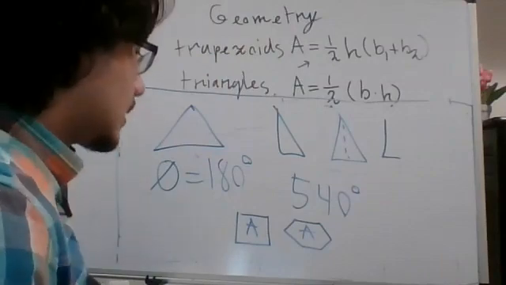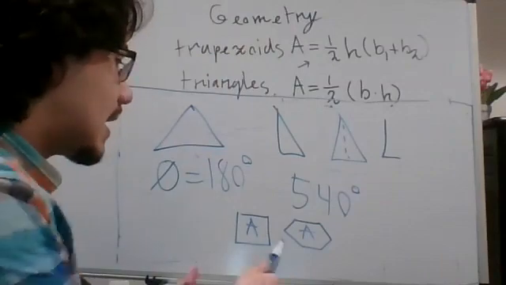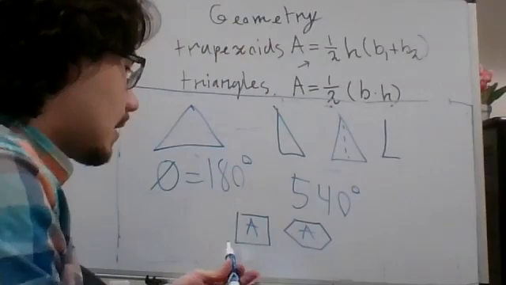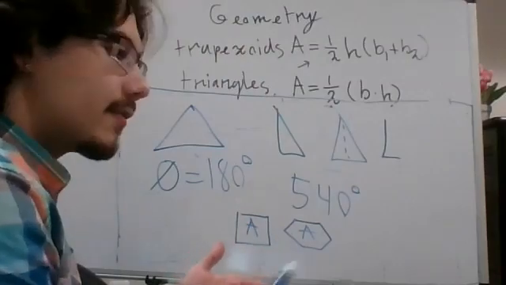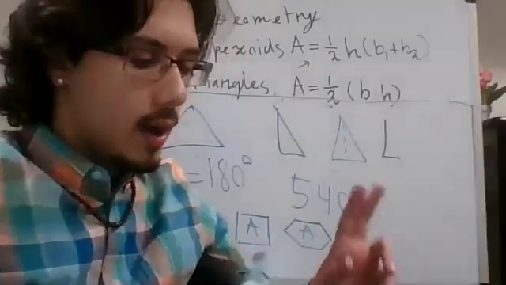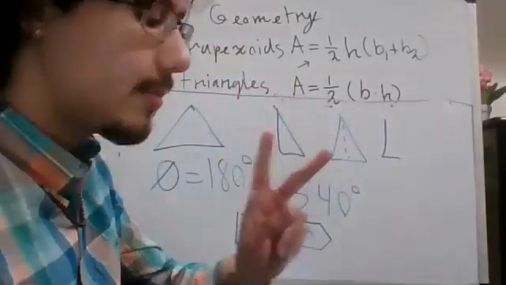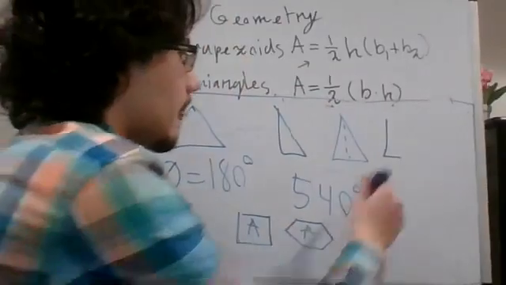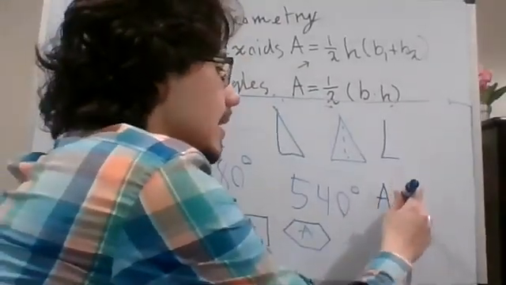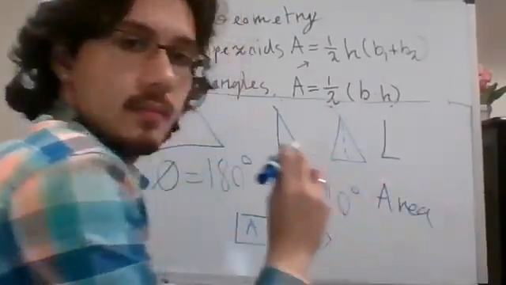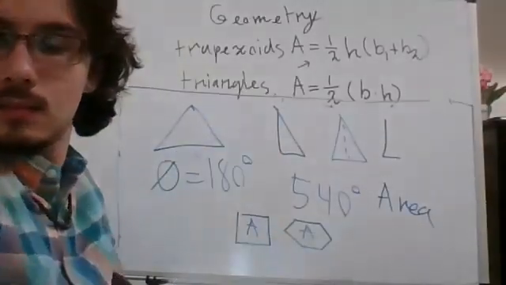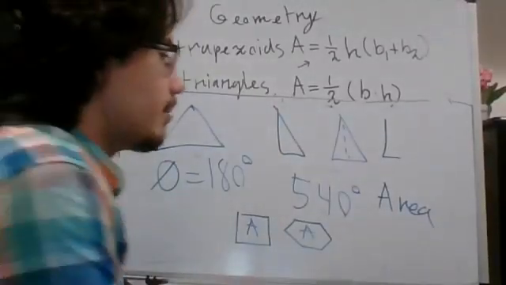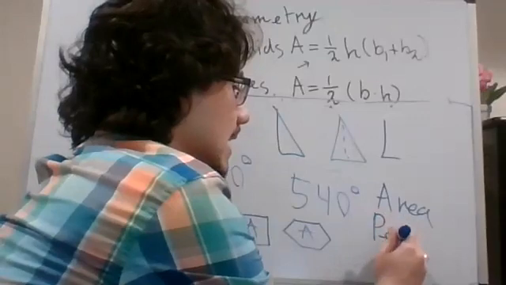Mr. Aryan, if you had a hexagon and a square that had the same area, how could they be different? What are the two measurements that we make of shapes? We have area and something else. Perimeter. Perimeter, exactly.